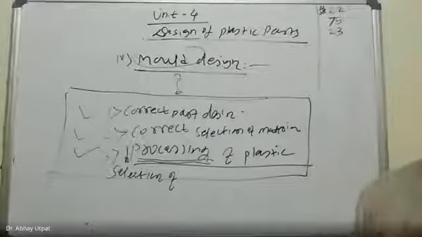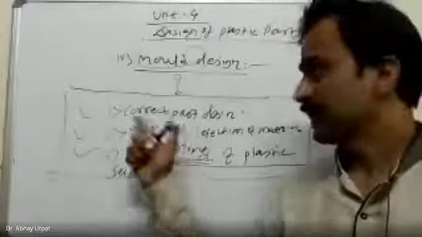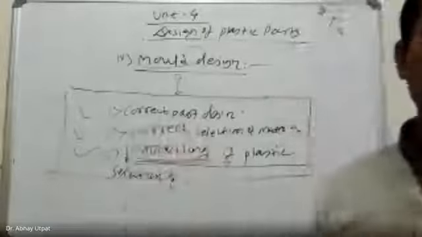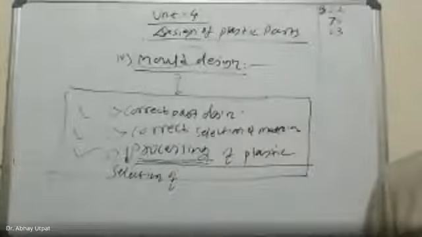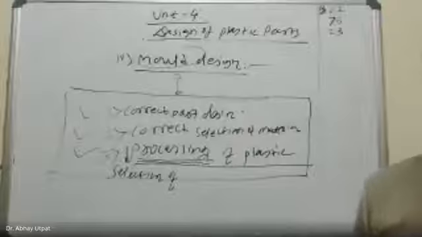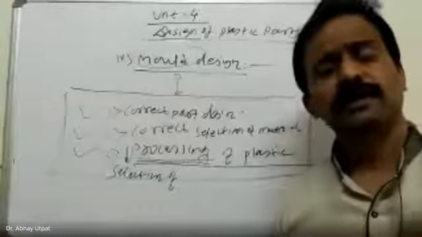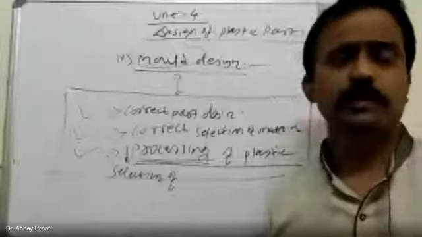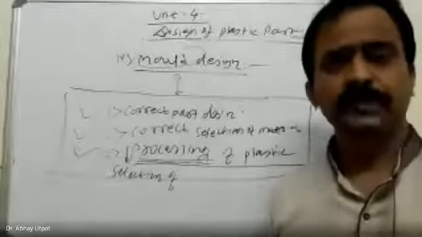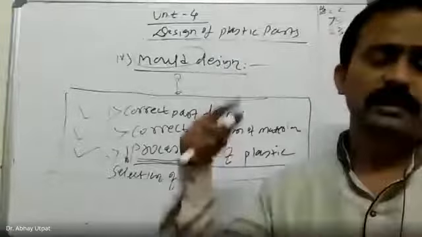So this is all about the concept of part design and assuring the selection. In this chapter, there are a number of small topics which include tolerances, allowances, design of rib, correct wall thickness, design of holes, etc. The remaining part you can cover in the next class.